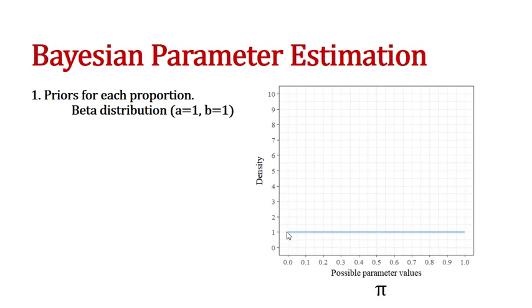We are saying we have no idea what to expect about pi yellow, so for each possible value of pi, we give the same probability. That's before seeing the data. This is a uniform distribution, but remember that we like to use a beta distribution, and if the beta distribution has parameter a equals 1 and b equals 1, we get this uniform distribution. So that's the priors.